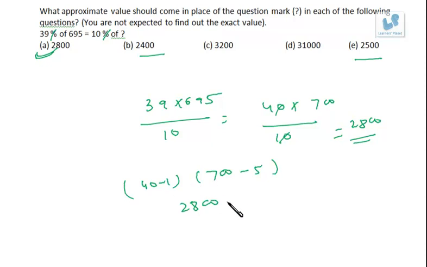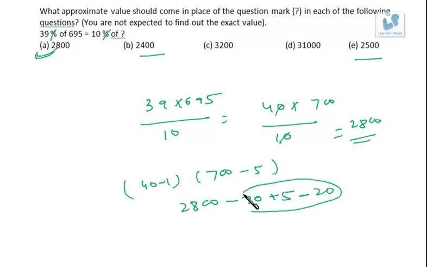Now this is minus 700 into minus 1 is minus 700, divided by 10 we get minus 70. Then this minus 5 and this is 40, it's minus 200, and when we divide it by 10 also, it's minus 20.